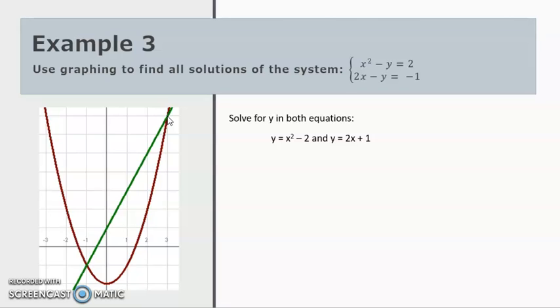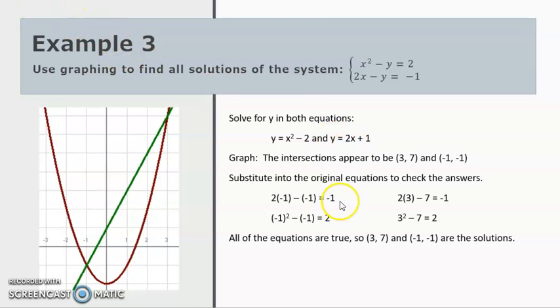What I need to do now is check those points because it appears to cross, but we need to make sure. So all I'm going to do is take the x value, put it into one of the equations, and make sure I get the y value that matched. I have to substitute those points into both equations just to make sure that both equations remain true.